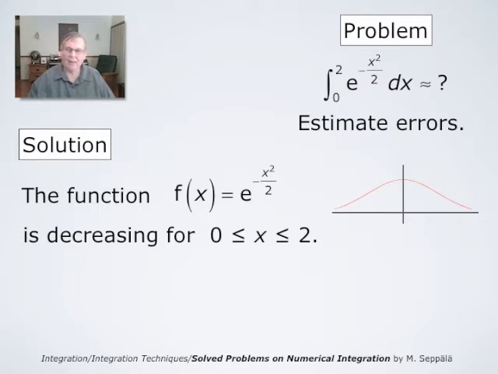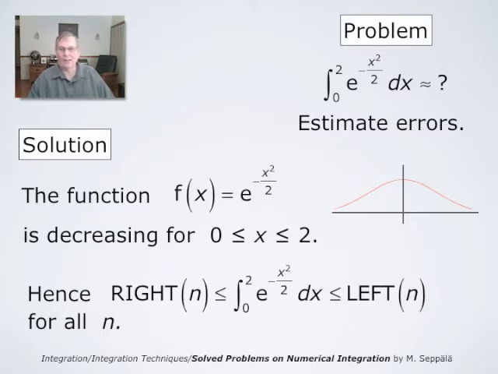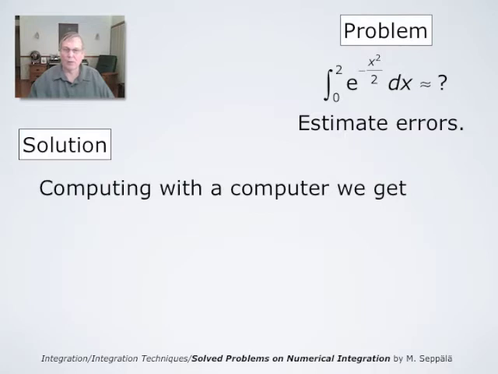So the function is decreasing, and this means that right n approximations are lower bounds for the value of this integral, and left n approximations are upper bounds for all values of n. So for any n, right n is less than or equal to the value of the integral, and that is less than or equal to left n.